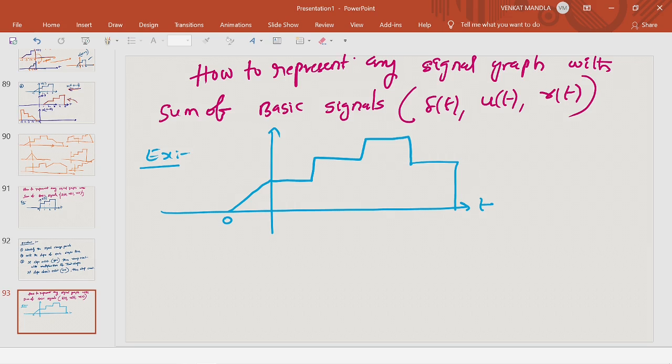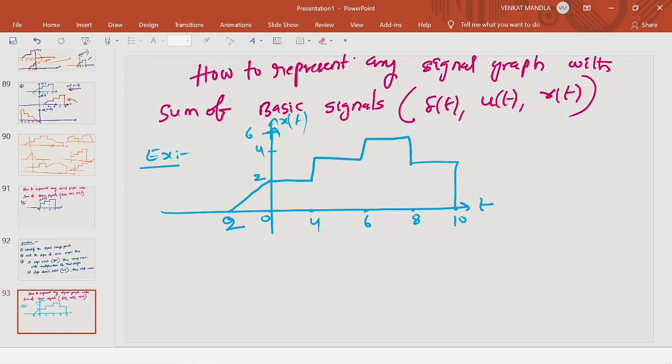Let us say the time axis has points 2, 4, 6, 8, 10, and here 2, 4, 6. I want to represent this x of t with a sum of delta of t, u of t, and r of t, some of these basic signals.